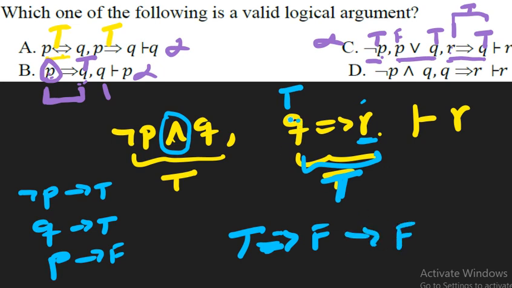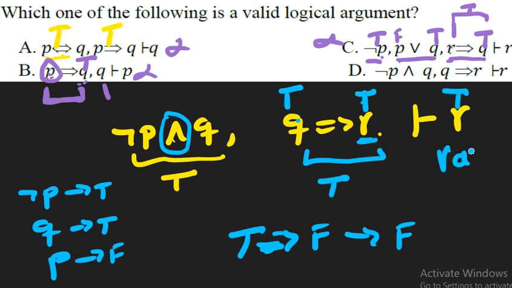But we know that Q is true, and the whole must be true, given because it's a premise. So what must R necessarily be? R must be true. That means this is valid. Considering the premises as true, R must be true. So it's going to be valid.